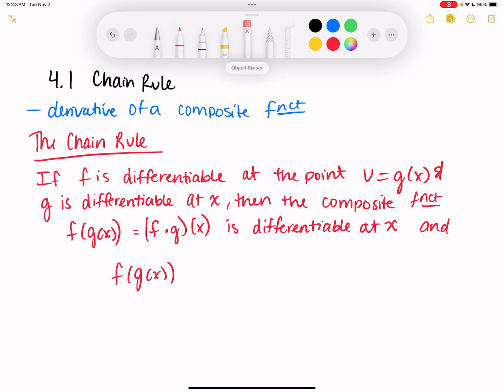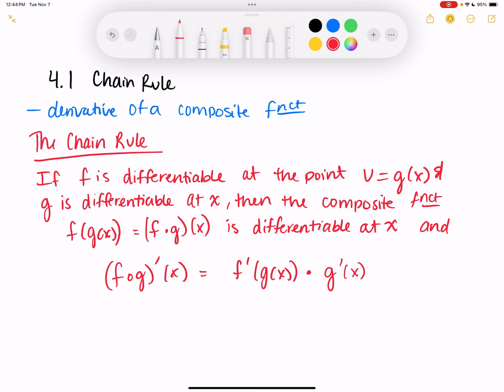Actually, let me write it this way. The derivative of f of g of x is equal to f prime of g of x, so the derivative of the outside, times g prime of x, so the derivative of the inside.